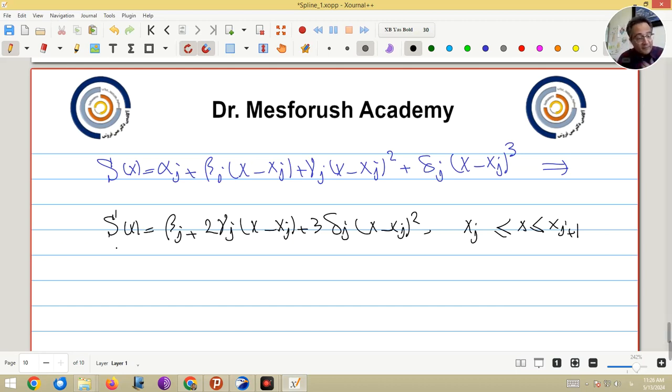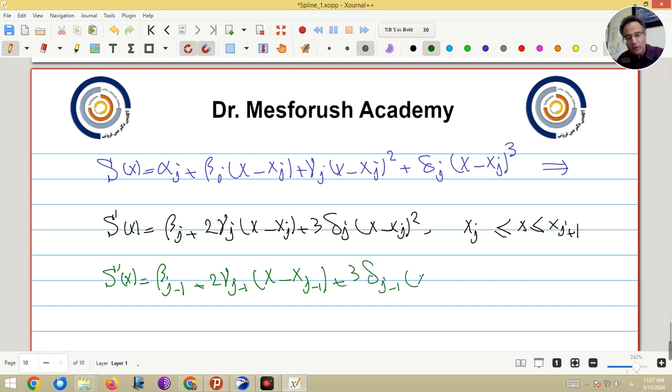Now, if you consider another form for s prime of x, you can write s prime of x equal to, and change j to j minus 1. So we will get beta j minus 1 plus 2 gamma j minus 1 times x minus xj minus 1 plus 3 delta j minus 1 times x minus xj minus 1 squared.